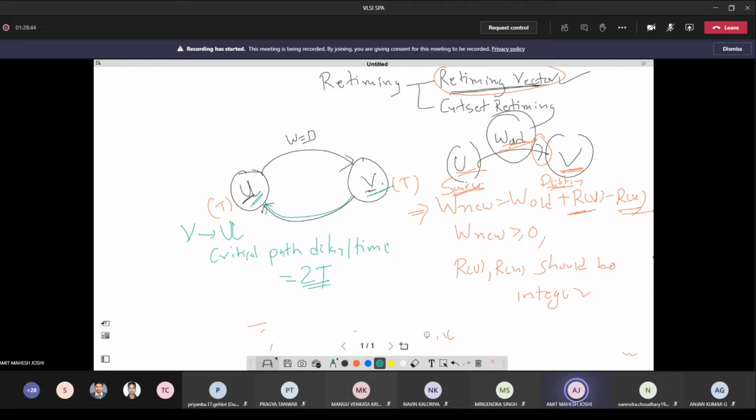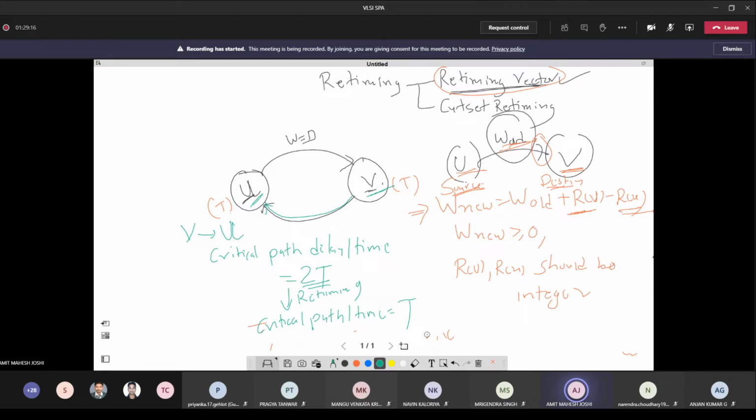Now for this graph, if I want to apply retiming, what is the best I can get? I can get the critical path after retiming at most t, not lesser than that, because t time is anyhow required for one node execution.